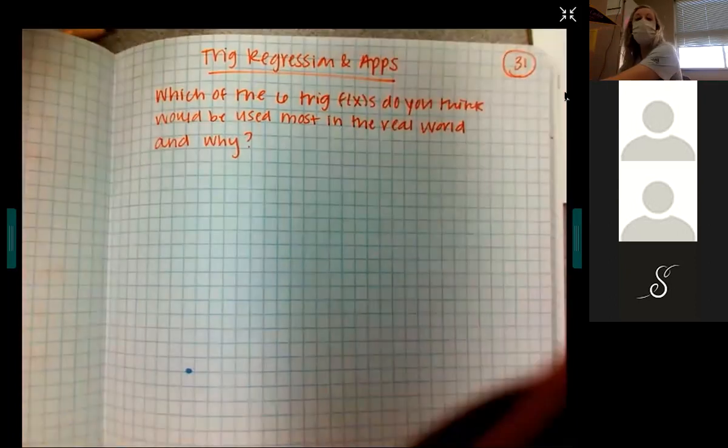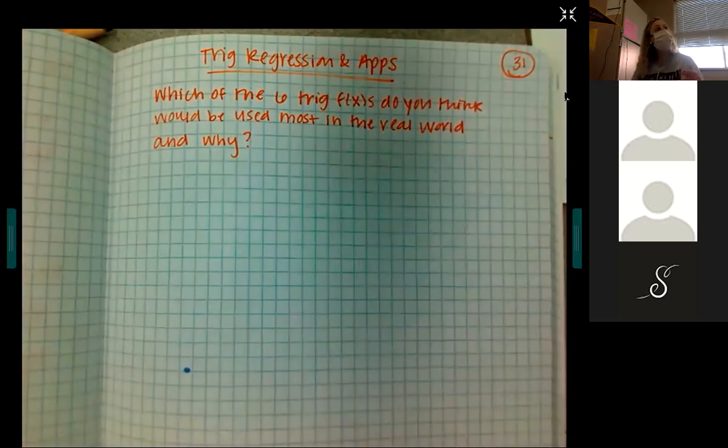Okay. Which one do you think we use for regression? Why sine? Okay, it's odd. That's what I'm hearing. I'm not saying that's right. It's odd.